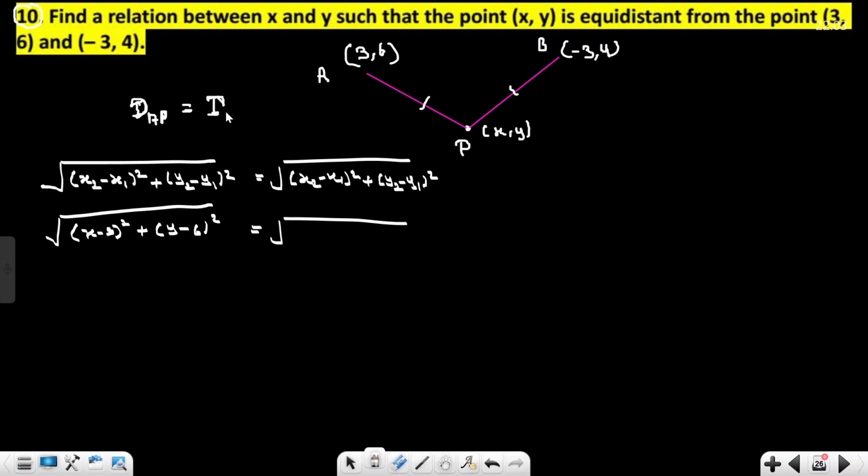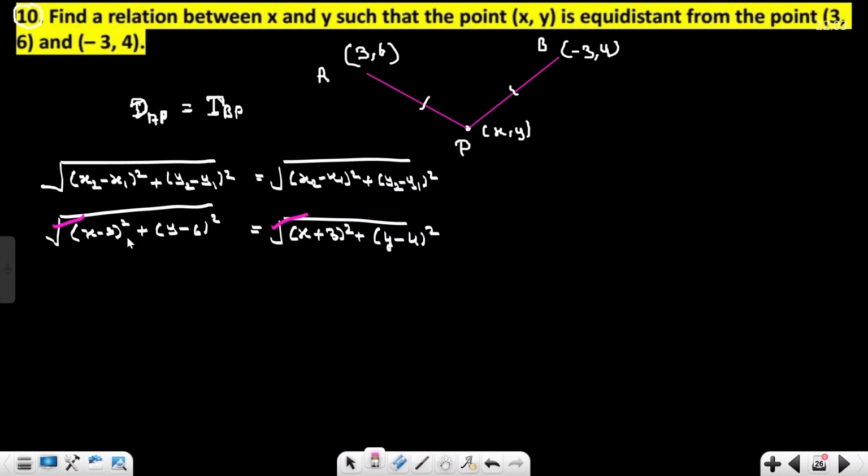P coordinate minus B coordinate. x minus minus 3, so x plus 3. x plus 3 square. You can put here minus 3 and then write another step, okay? And y minus 4. y minus 4 square. So here root cancels out with root.